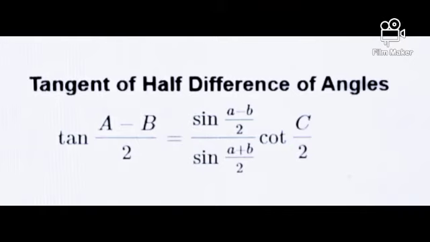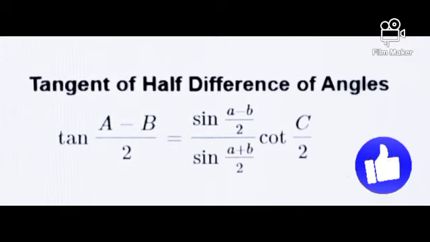Again, by Napier's analogy, the tangent of A minus B over 2, that is tangent of half the difference of two angles, is equal to the ratio of sine of half the difference of the two sides opposite the two angles and sine of half the sum of the two sides opposite the two angles, multiplied by cotangent of half the third angle.